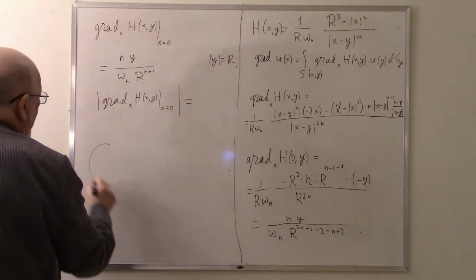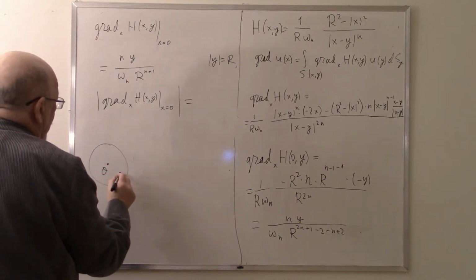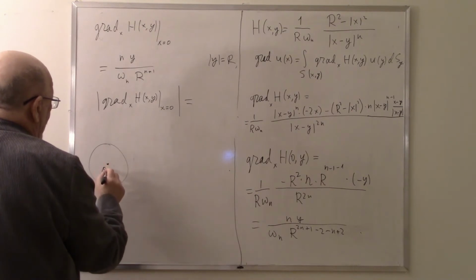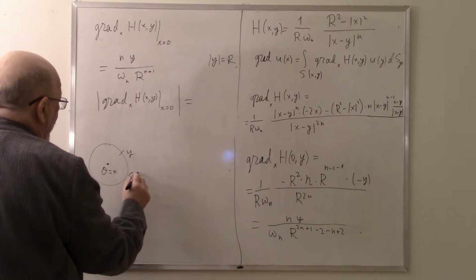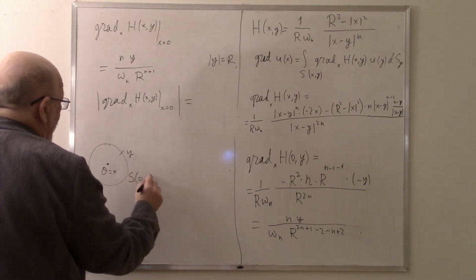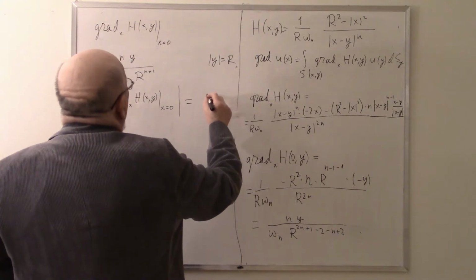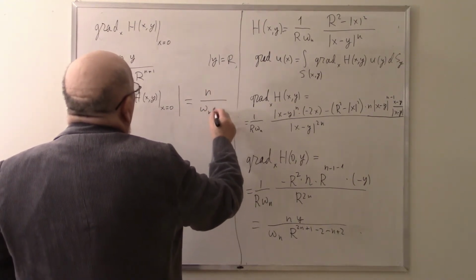So let me draw here. It is O, x is here at the center, y is on the sphere S(0, r). It equals n over omega n r to the power n.